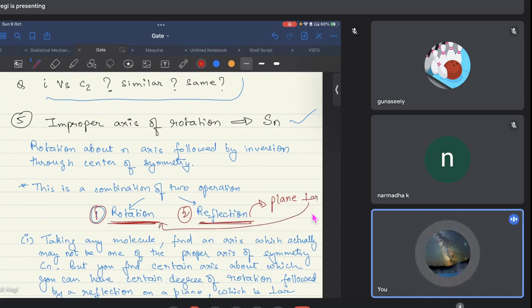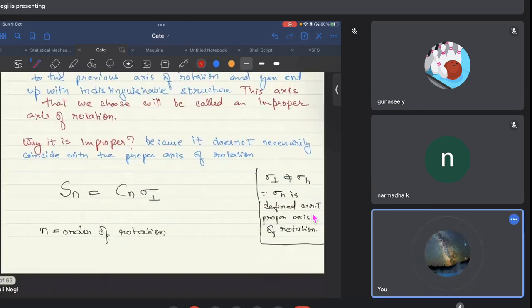This rotational axis is obviously not the proper axis of rotation, because only after doing these two steps will we get the indistinguishable structure, not by the rotation alone.